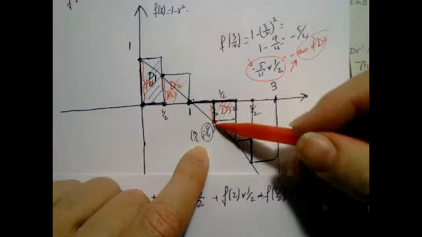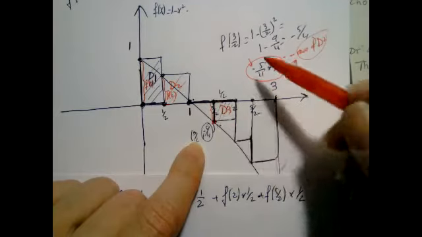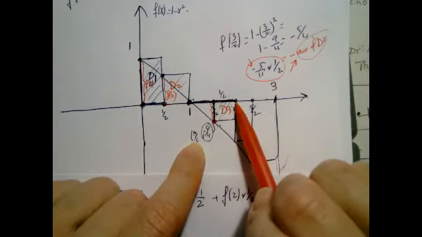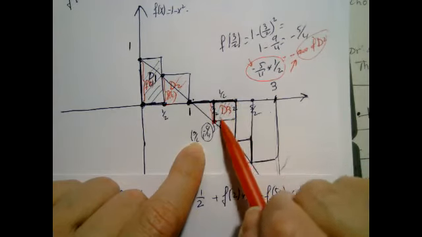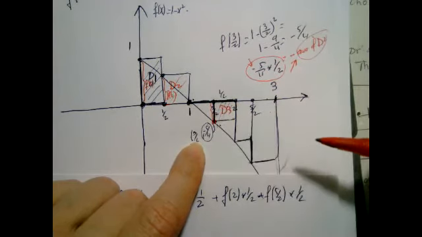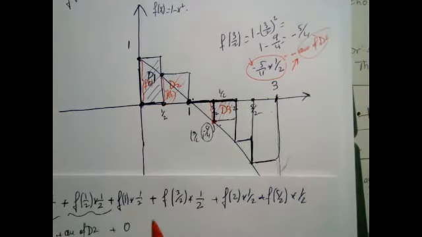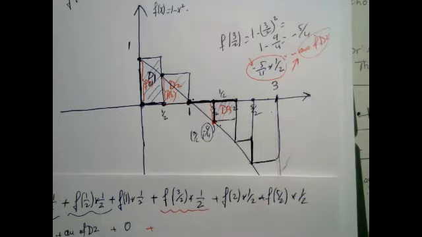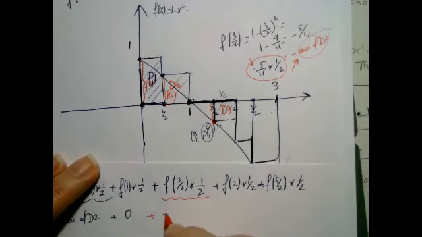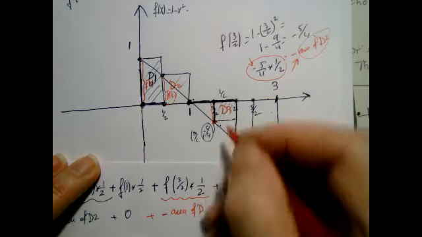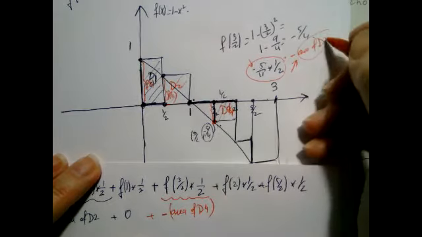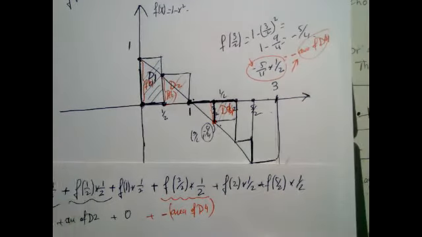So when my function is taking negative value, when I take the value of the function times the delta x, I don't get quite the area. I get minus the area of this rectangle. So in the picture here, this term where f is negative, this is minus the area of, I want to call this D4, minus the area of D4. That's what's happening here.